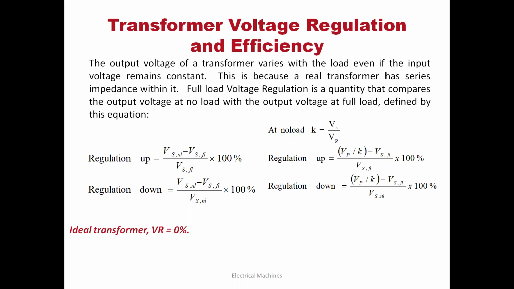Voltage regulation is very simple: your no load terminal voltage minus full load terminal voltage, divided by either no load or full load. Generally we take no load and divide by no load. You can use any one of them.